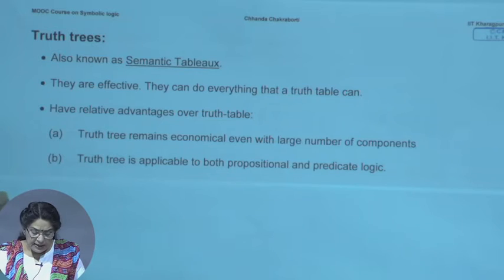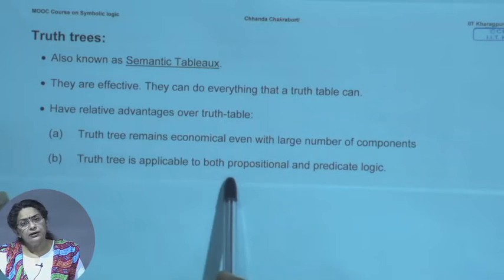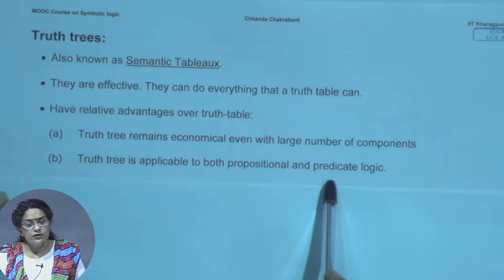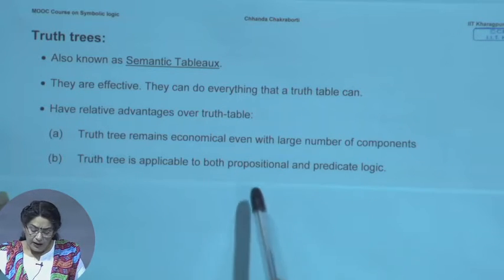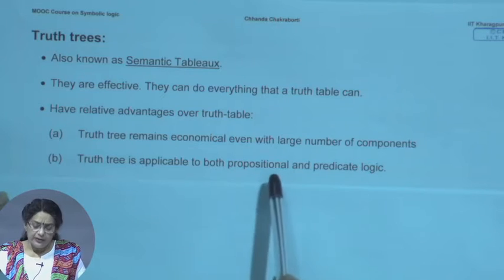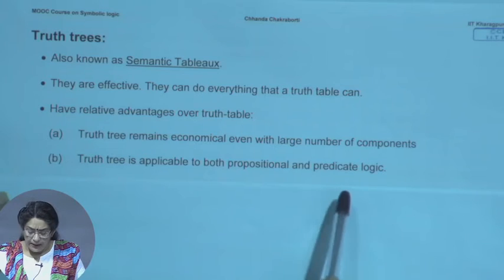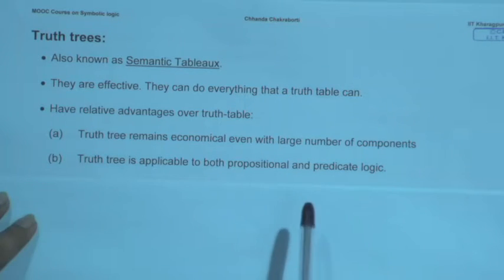Second, and this is a very important point, we are right now at the level of propositional logic, and I have mentioned that there is going to be first order predicate logic. These two domains are very different. Truth tables are extremely effective at the propositional logic level, and so are truth trees. But when we go to the predicate logic domain, even first order predicate logic, the truth tables are not effective in the sense that they cannot even be applied.